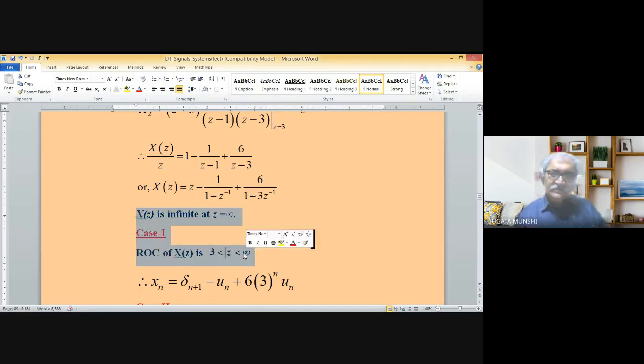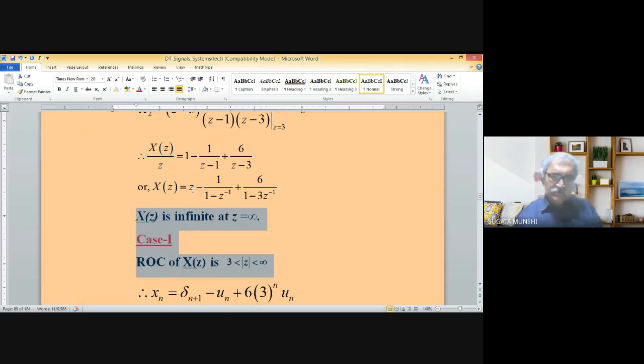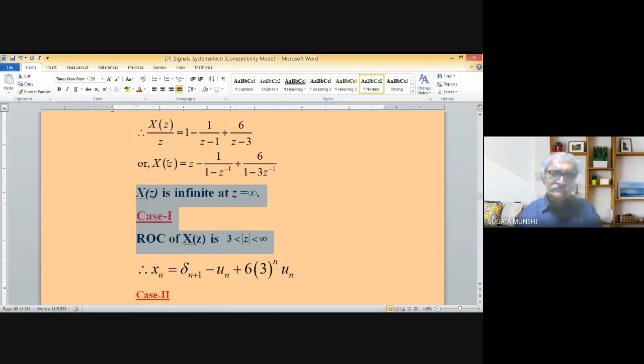What will be the inverse z transform? How do you substantiate that? Both these terms should yield causal sequences. What's the inverse z transform of z?